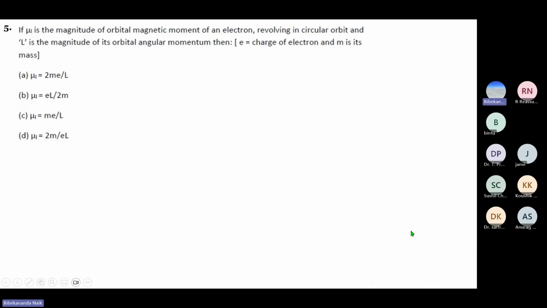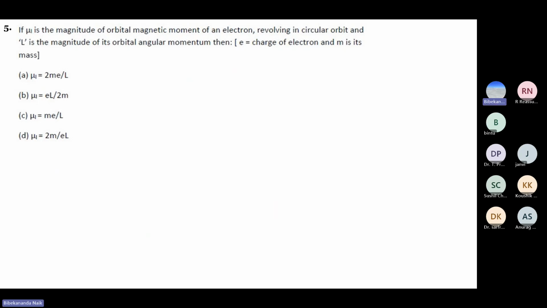The question says if mu L, L is in the subscript, is the magnitude of the orbital magnetic moment of an electron revolving in circular orbit and L is the magnitude of its orbital angular momentum, then what will be the relationship between these two quantities, mu L and L?